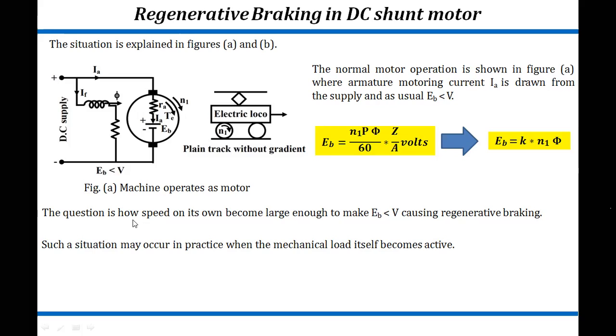So the question is how we are supposed to increase the speed so that it becomes large enough to make our EB larger than V, which will cause regenerative braking. Such a situation will occur in practice when the mechanical load itself becomes active.